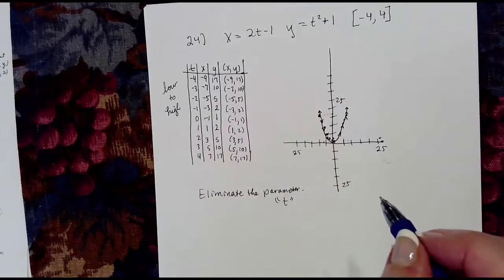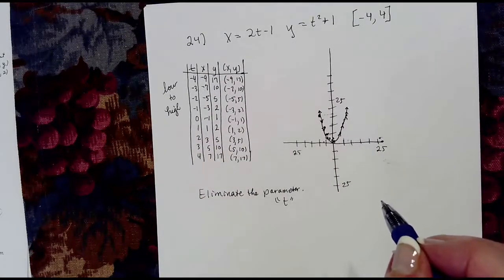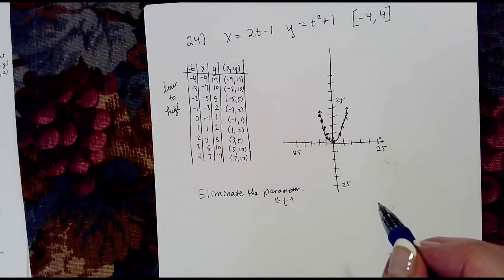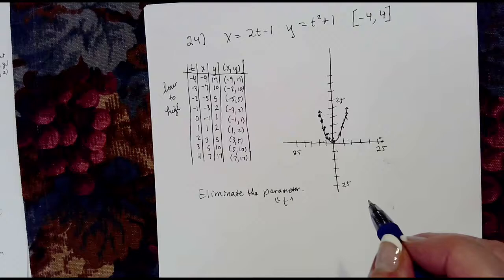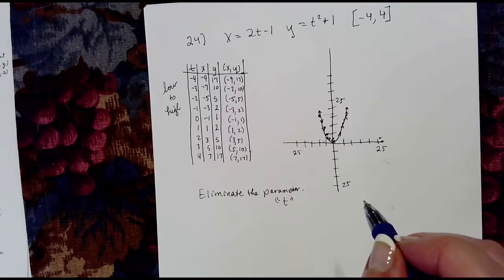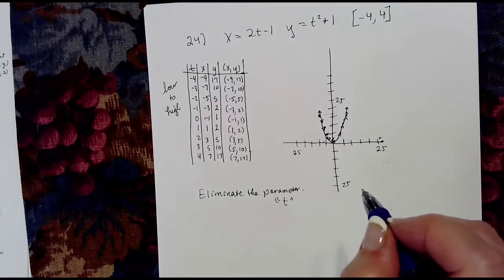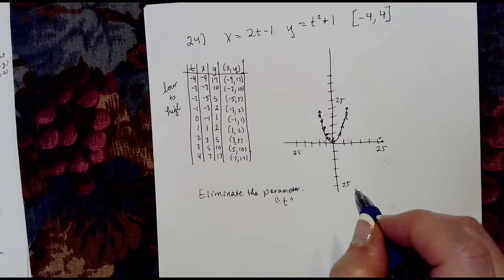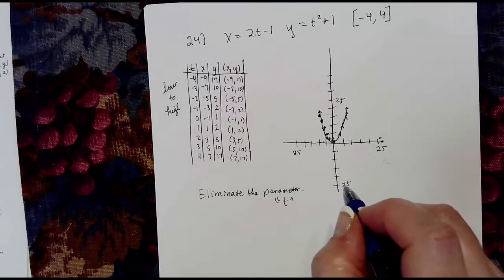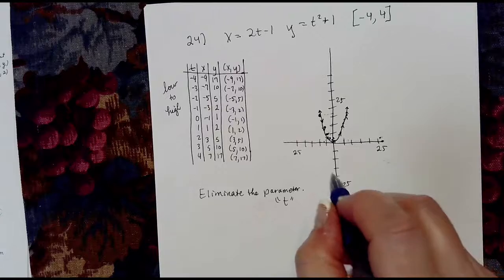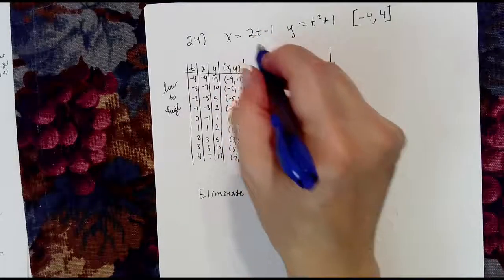So which one of these equations would be the easiest equation to solve for t? Okay, any ideas? All right. So what we're going to do is we're going to pick one and we're going to solve for t. So I'm going to pick this one right here.